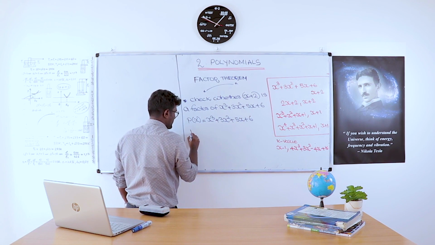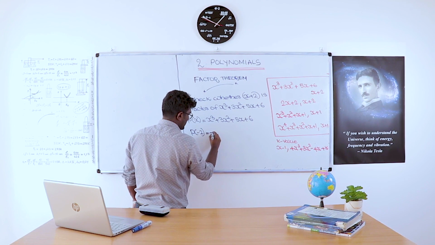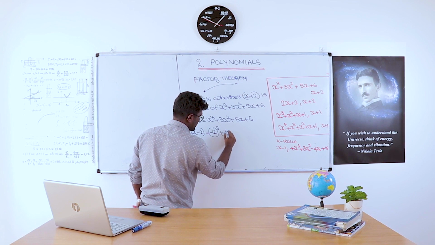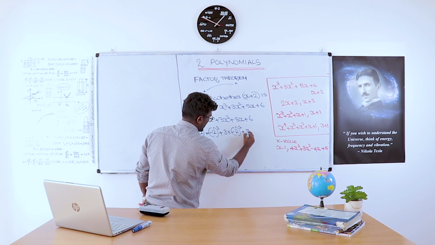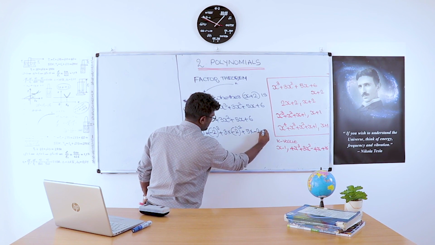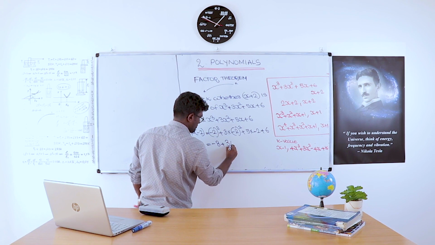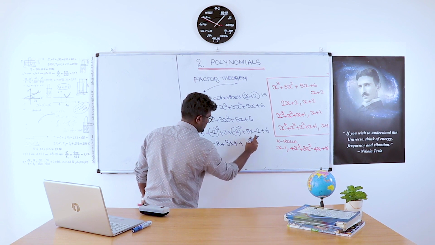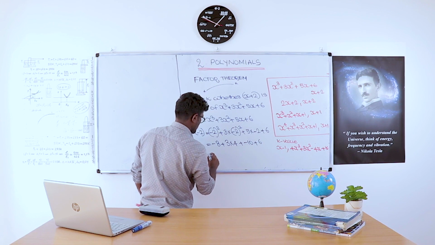P of minus 2 equals minus 2 cube plus 3 into minus 2 the whole square plus 5 into minus 2 plus 6. That is, minus 2 the whole cube is minus 8, plus 3 into minus 2 the whole square is 4, plus 5 into minus 2 is minus 10, plus 6.